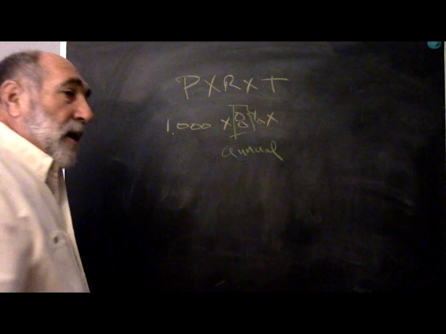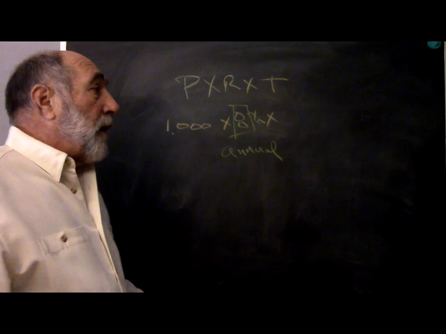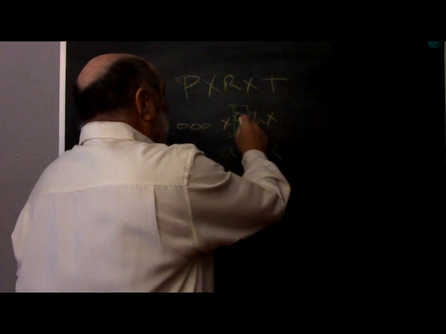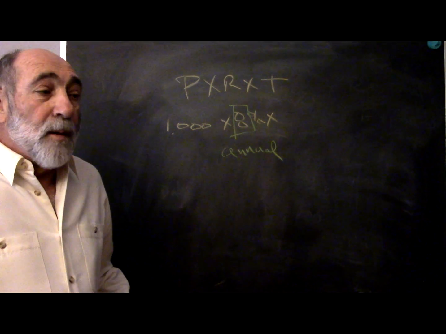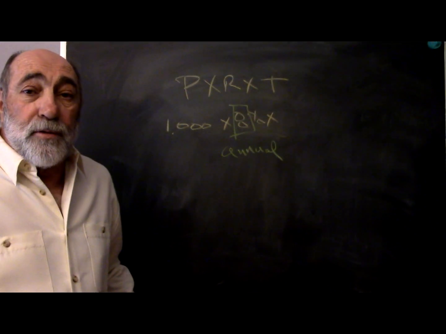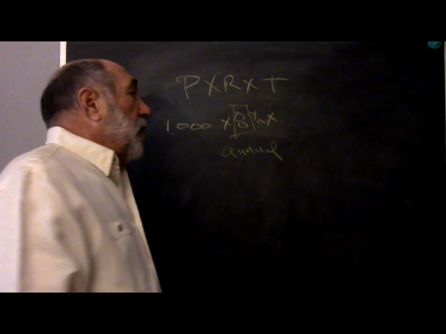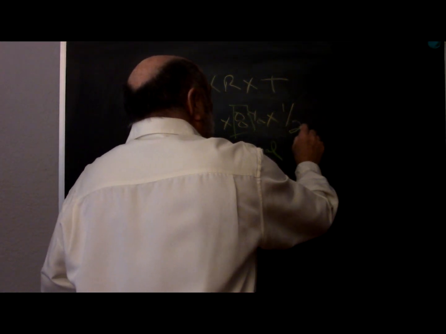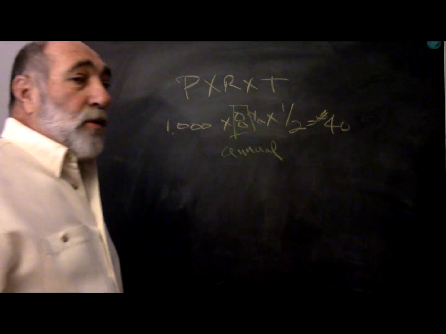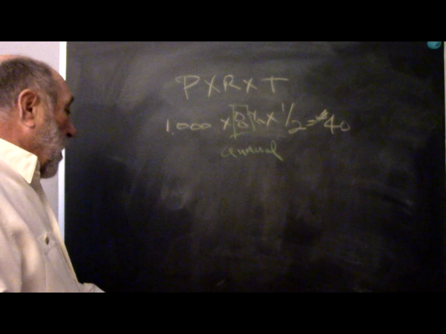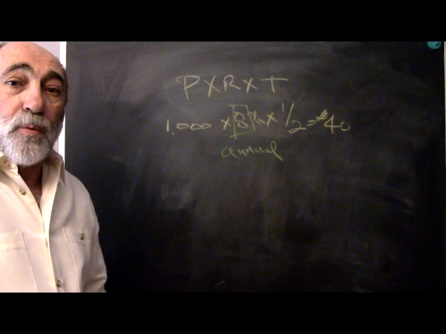That's an annual rate, and I would have to pay you 1,000 times 8% or $80 a year in interest. But bonds generally pay interest semi-annually, so this is for a half a year. My semi-annual payment would only be $40, and I do that twice a year.